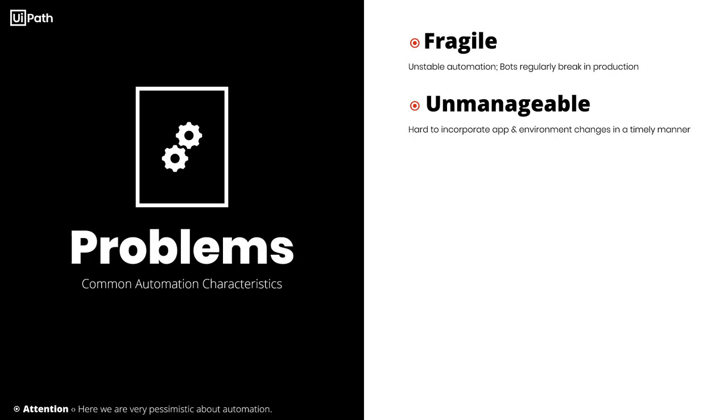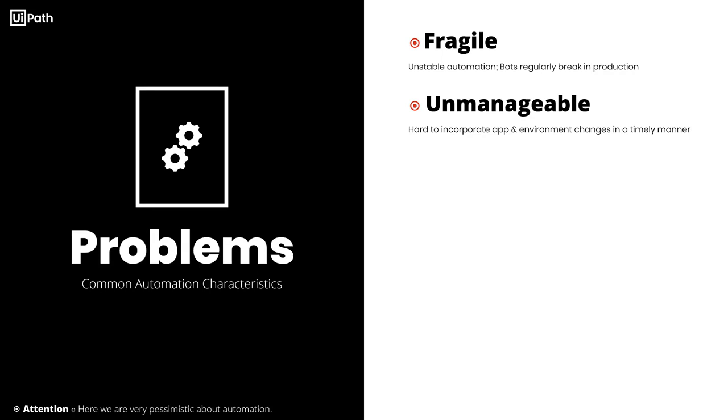Now, these changes are made by different teams and different departments that are usually separated from RPA teams. For example, changes to software applications that affect the bots are made by software development teams, and changes that are made to production environments that affect the bots are made by IT operations.